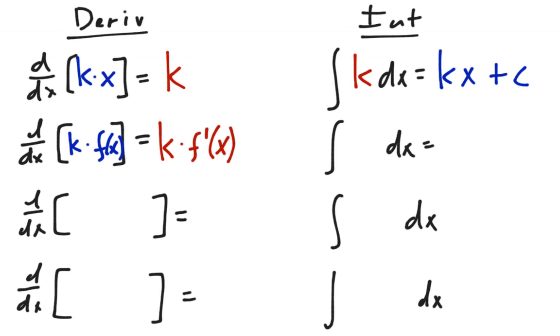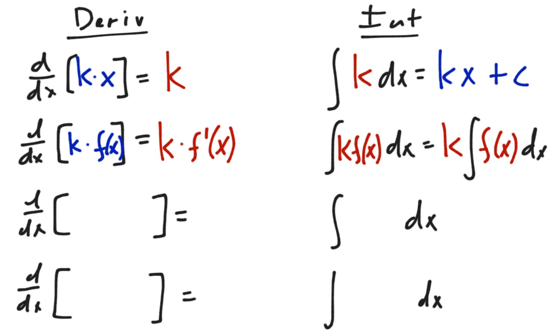Likewise, if I have a constant times a function and I'm integrating it, what I can do is take that constant out and just do the integral of the function and then multiply it back in. So it's a nice little trick. If I have a constant out in front, basically you keep it there and you just do the integral as normal and then multiply the constant back in. Don't do any product rule stuff, that's just icky and gross.